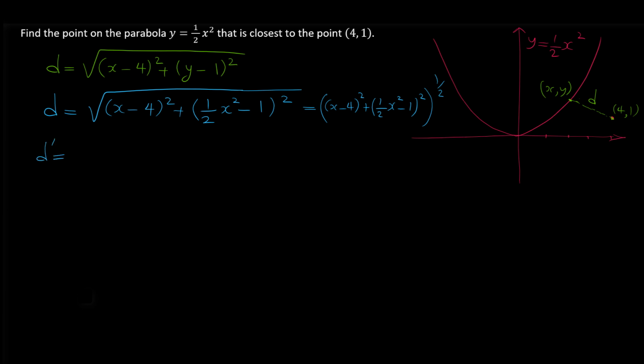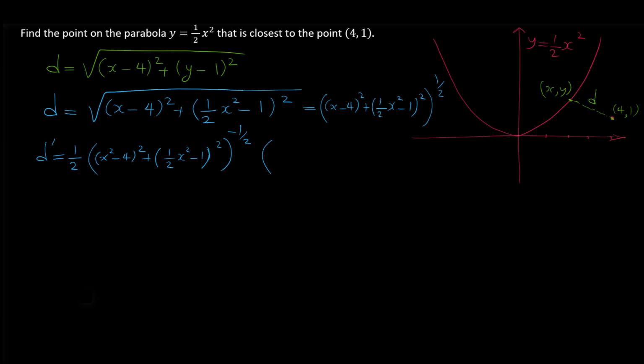For the derivative, bring the power down, write the expression inside of the bracket to the power of 1/2 minus 1, and 1/2 minus 1 is negative 1/2.